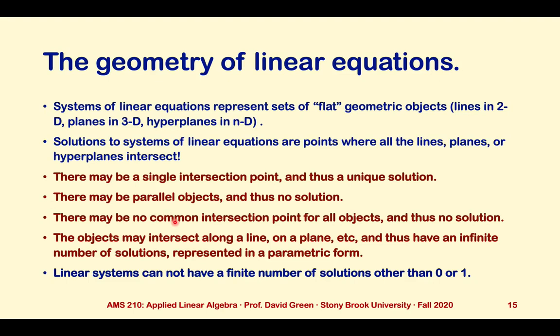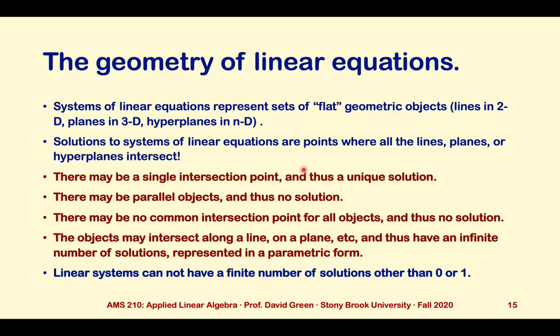For cases where we have a larger number of lines or planes than the geometry allows, say 3 lines in 2D, 4 planes in 3D, and so on, it may be that there's no common intersection point, that there are intersection points for pairs or triples, but not for all of the objects, and thus no solution.